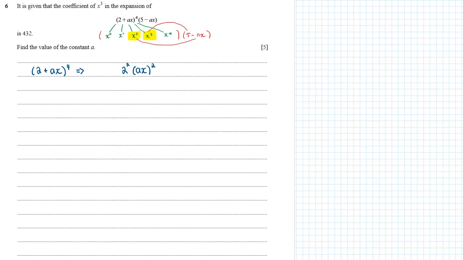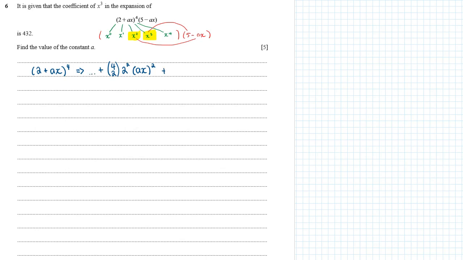And in front of that, we have the combination. The first number in the combination is the power we get from the brackets. That is the power of the expansion, 4. And then the second number, well, we can use either of the powers, but we traditionally go with the second one on the ax. And so we will put 2 there. Right, so that's our term, which is going to give me the x squared.